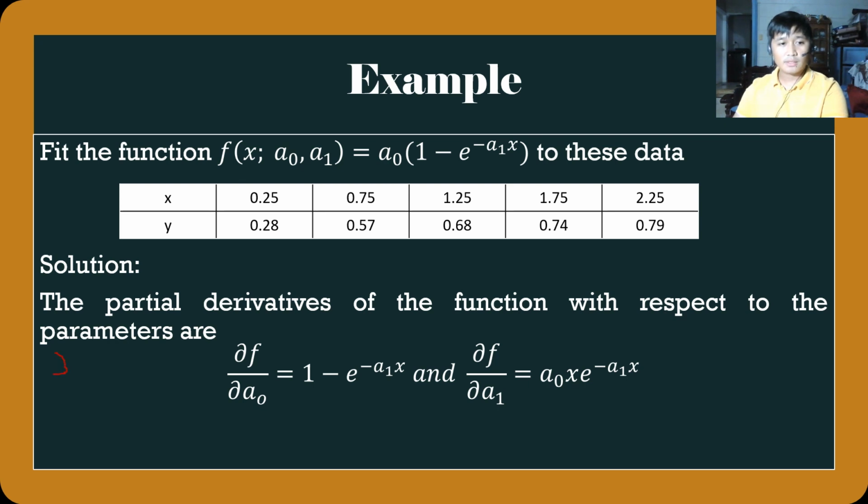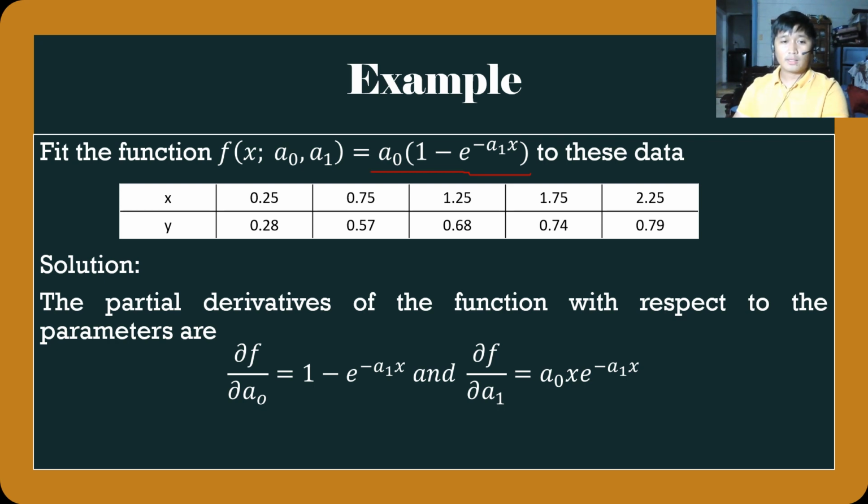By the way, it is called a partial derivative because we are differentiating only part of the equation. So for example, for this first equation, the partial derivative of f with respect to a sub 0, we need to differentiate this with respect to a sub 0.